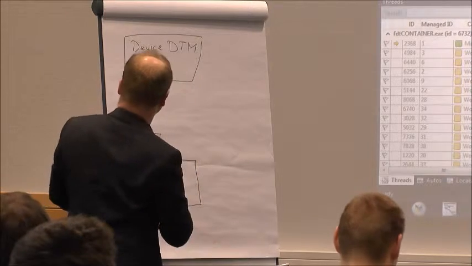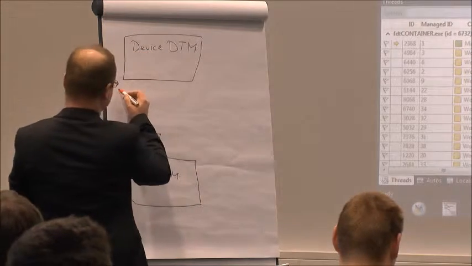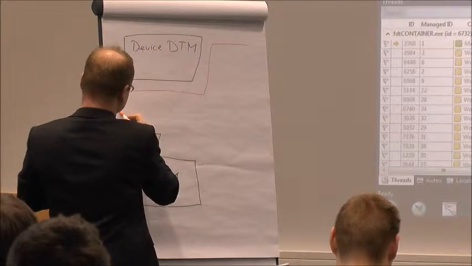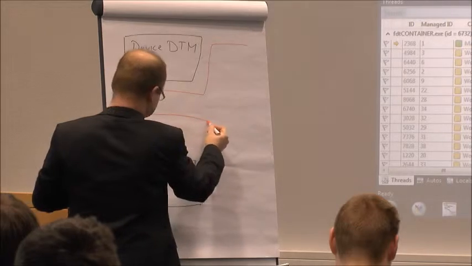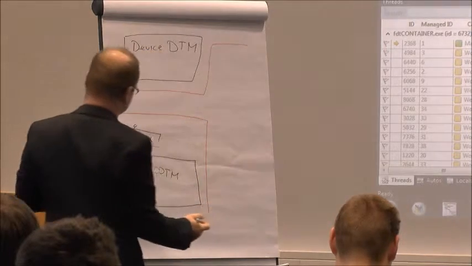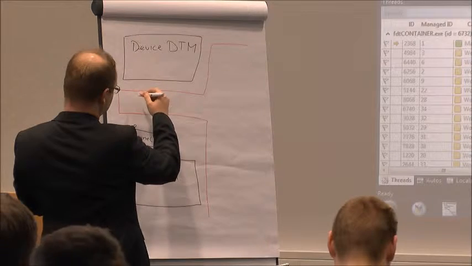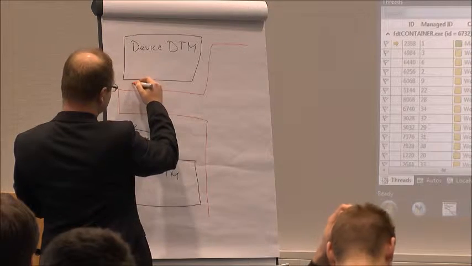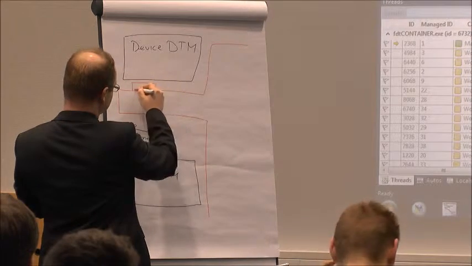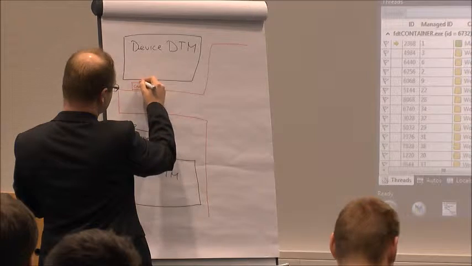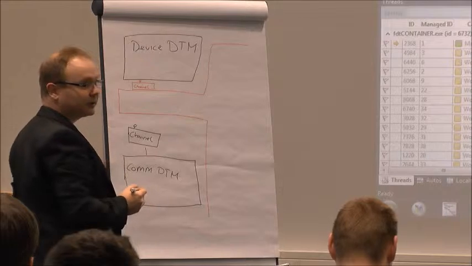And now the frame is in the middle. So the frame basically creates something like a proxy object for this channel with the same interface.